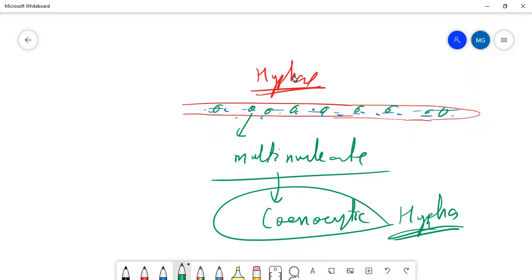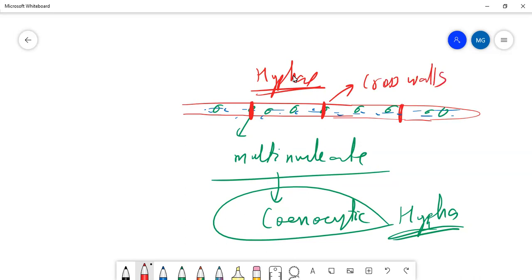But sometimes we have compartmentalization. As I told you, sometimes compartments are formed. This hypha can be divided by means of walls, cross walls.